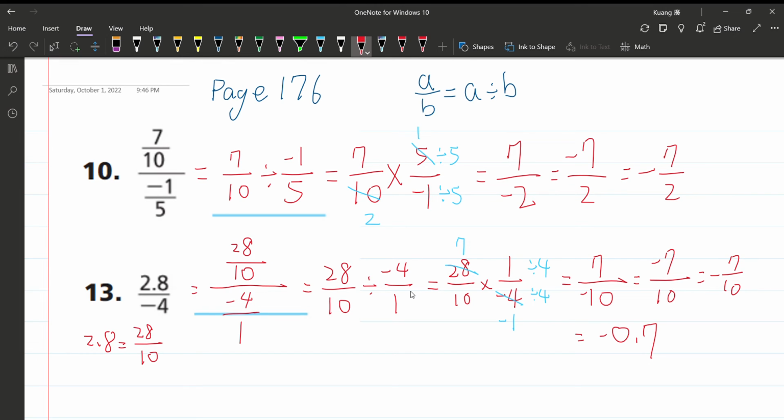All right, I want to find a faster way to do this. So you see here, we focus on this and this part. Okay.